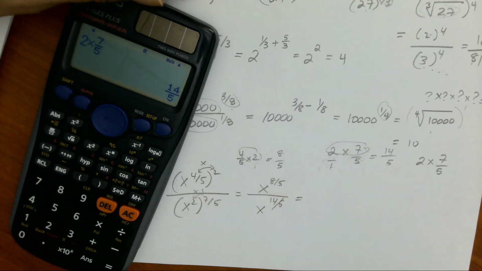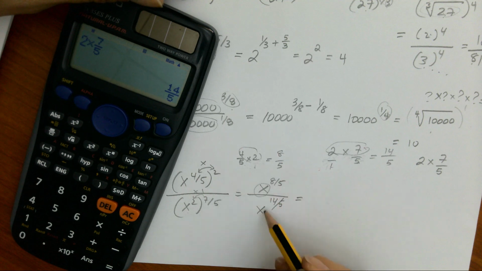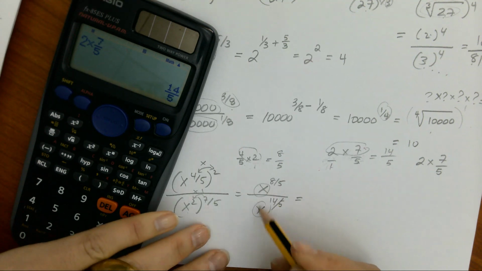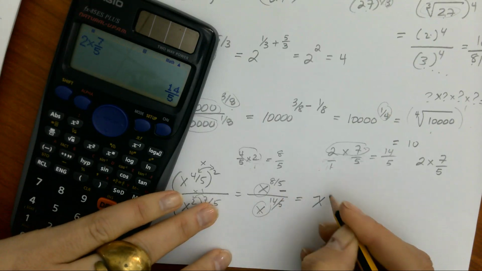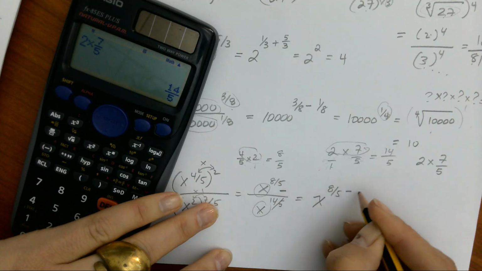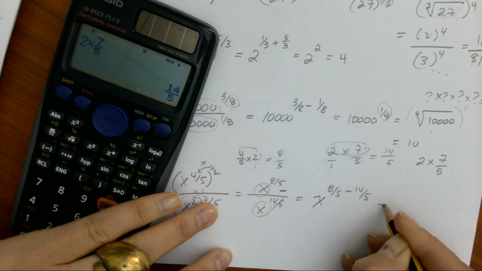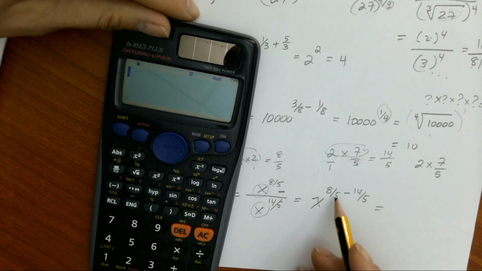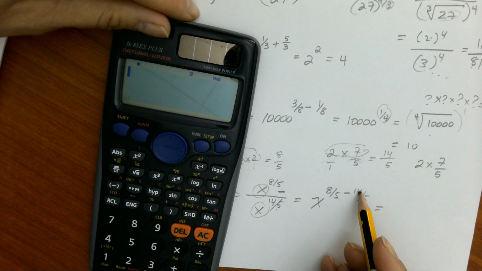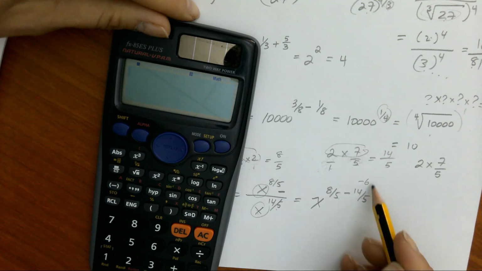And then, because we have the same bases here, I can just subtract these exponents. So really it's going to be x, like this. I'm just going to subtract the exponents. So you can do it, because they have the same denominator, I can just go 8 subtract 14, which is going to be -6/5.